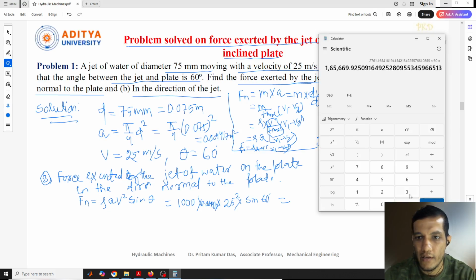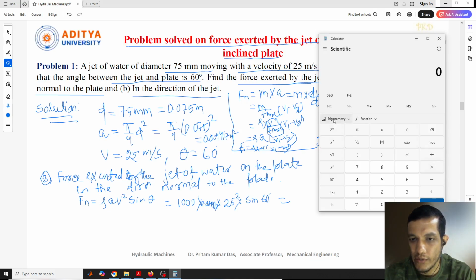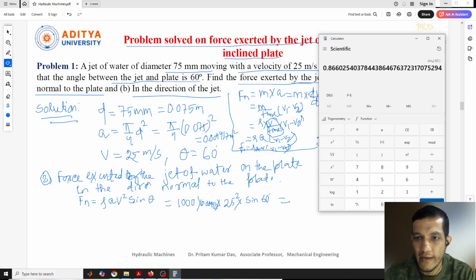Okay, sine 60. So here, no, it is not like that actually. It was taken differently. So first of all, I'll go for this trigonometric value, sine 60, we can write in this way.